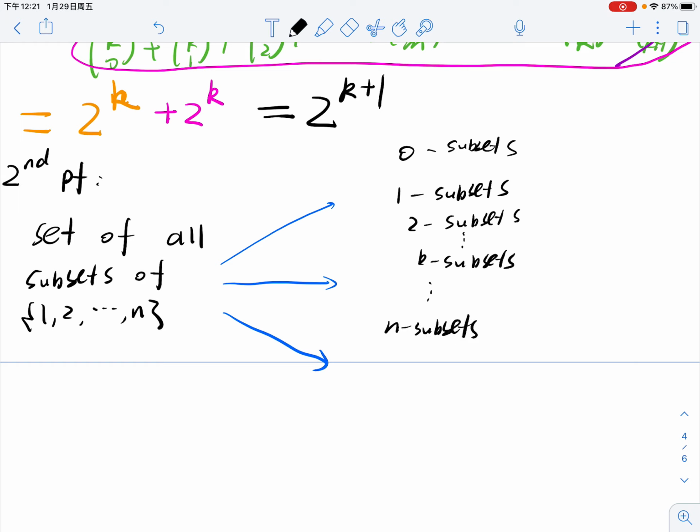Note that the left-hand side is a disjoint union of the right-hand side.